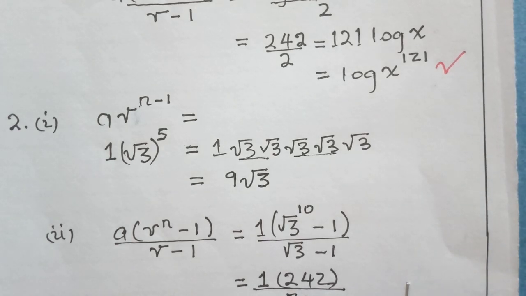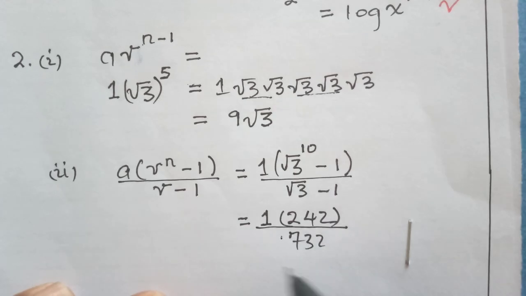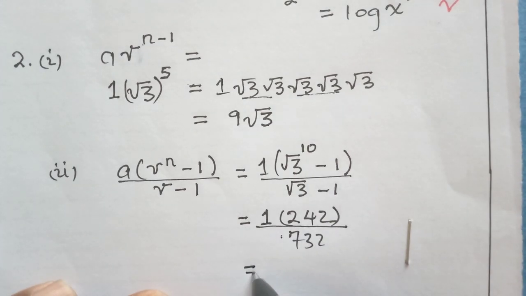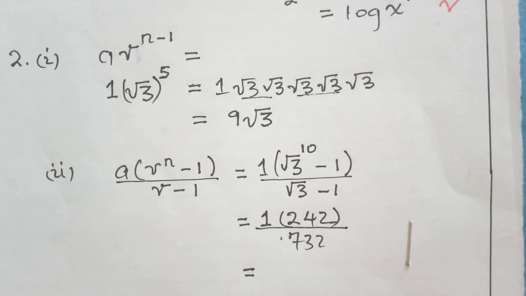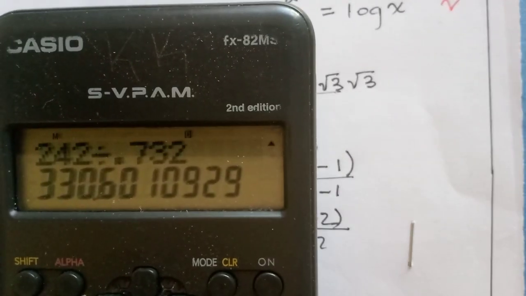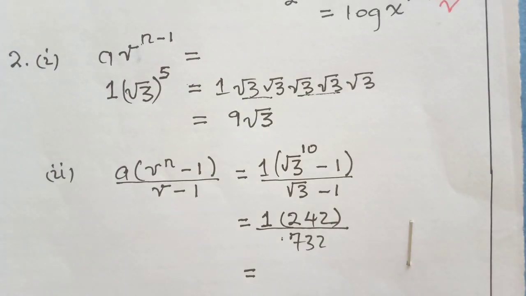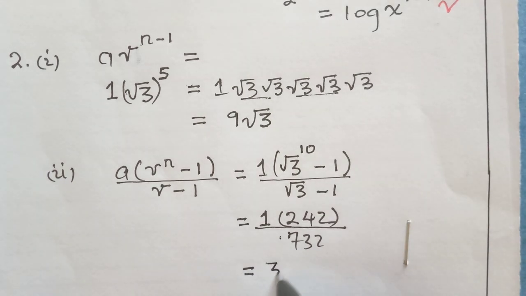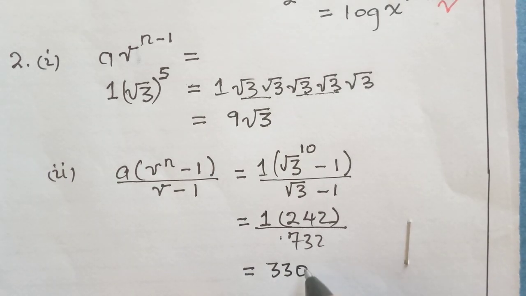And if we do that, guys, I use a calculator, that is 242 divided by 0.732, equals 330.6.